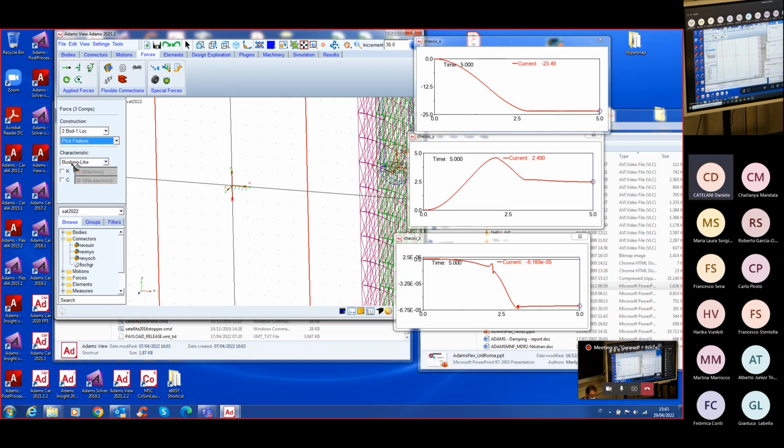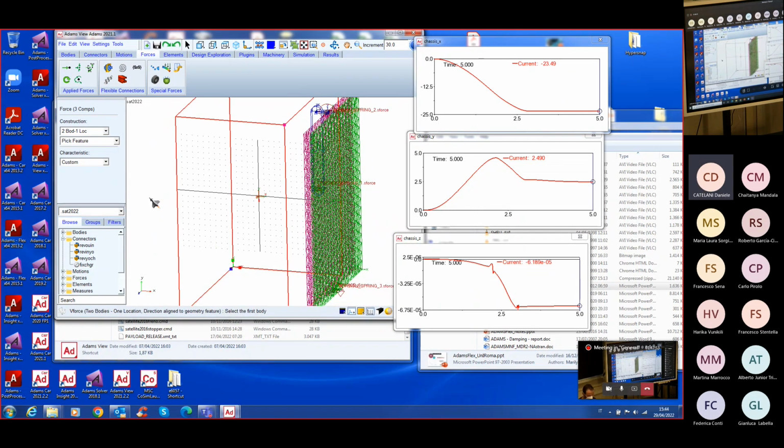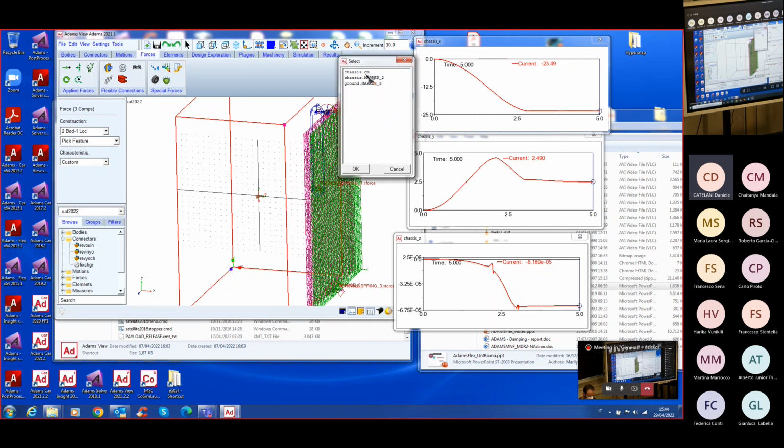And it is not like a bushing, but will be defined with a custom function written by me. The control forces will be applied on the chassis, reacting with respect to ground, that is the space, the universe, and will be applied in correspondence of the center of mass of the chassis.